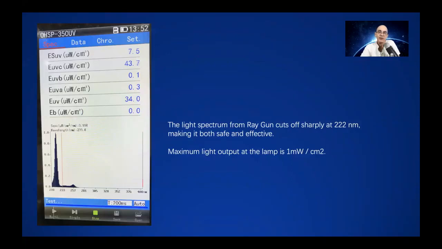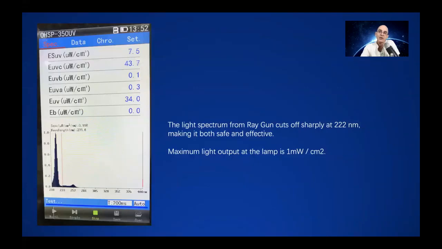Any closer, and the test instrument started getting very unhappy and decided to stop. But you can see the spectrum of the wavelength. All the damaging, all the nasty wavelength, which is past the 222, is virtually zero.